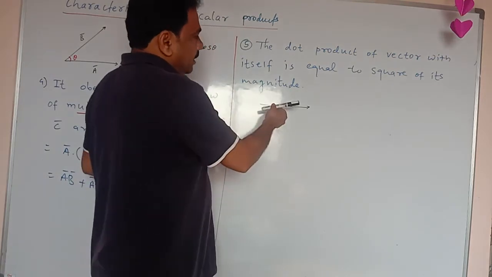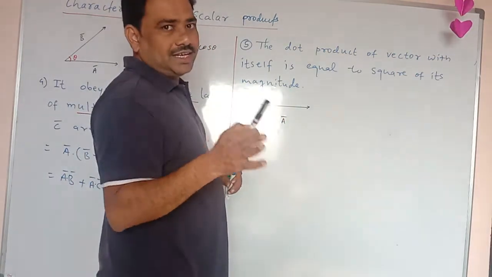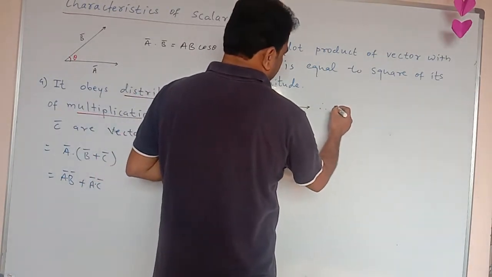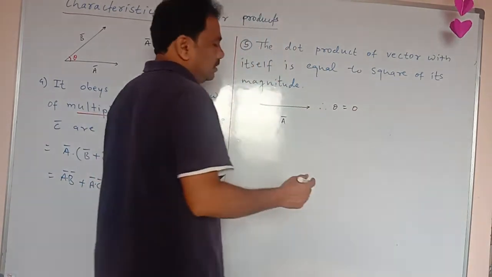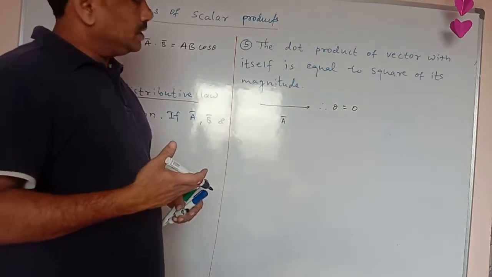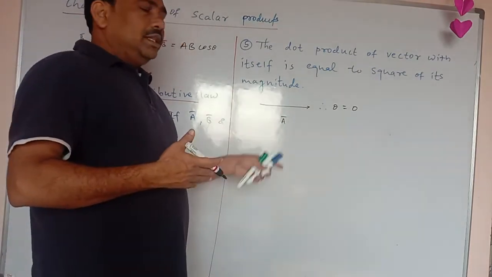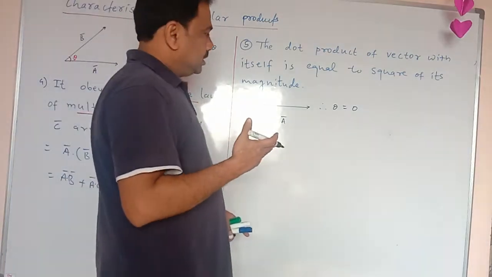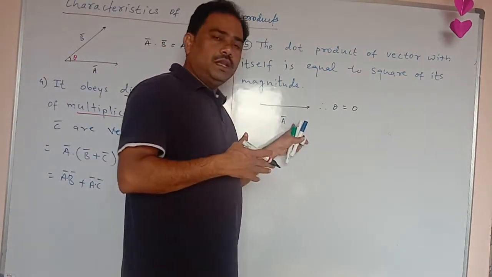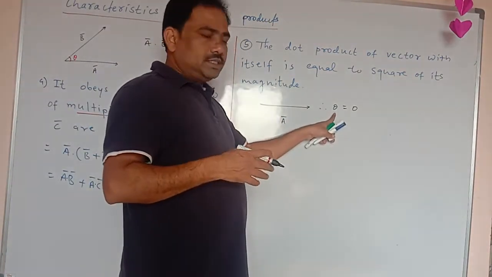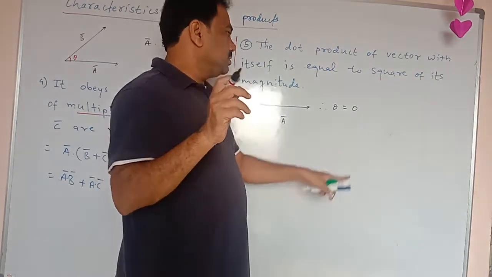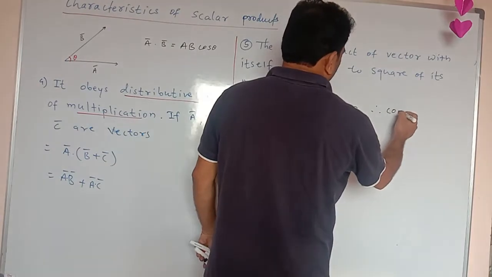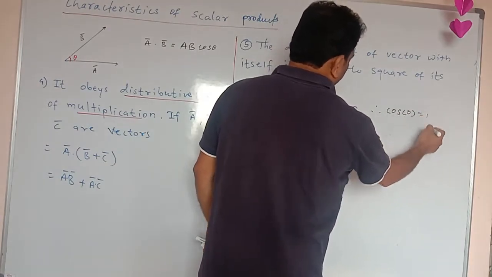There is only one vector, so the angle of inclination should be equal to 0, because there is no other vector to form an angle of inclination. So theta is equal to 0, and cos 0 is equal to 1.